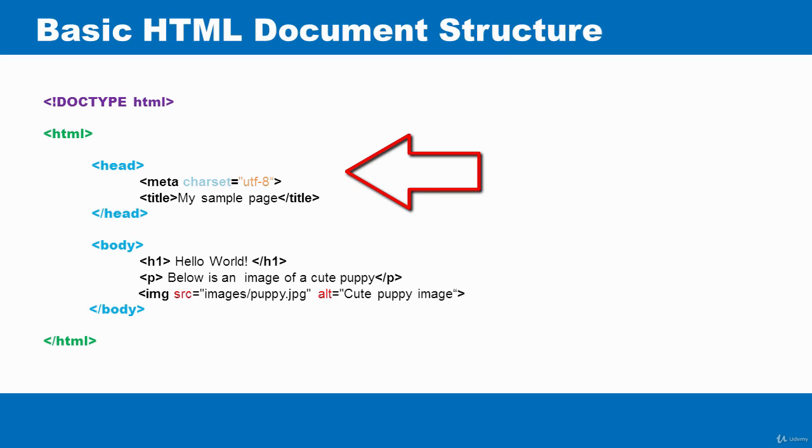The standard is UTF-8, which includes most characters from the vast majority of human written languages. So when you have your meta charset set to UTF-8, it essentially means that it can handle any textual content you might put on it.